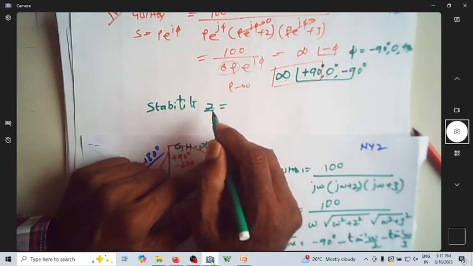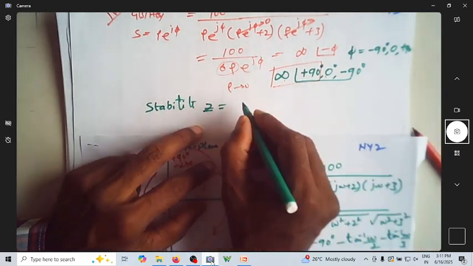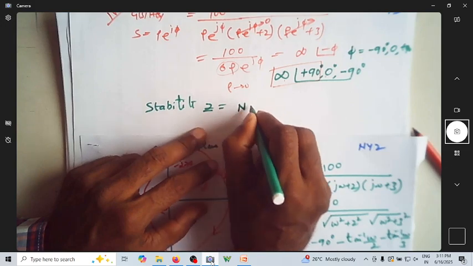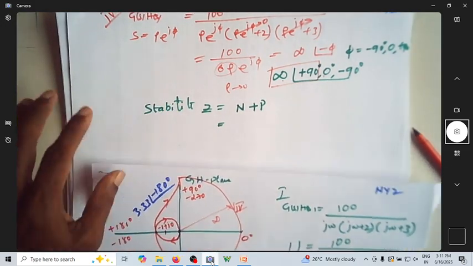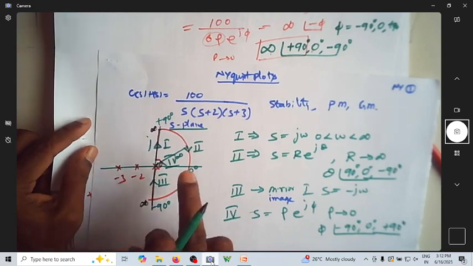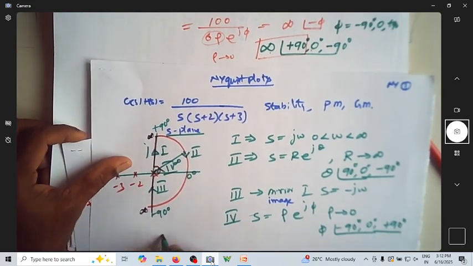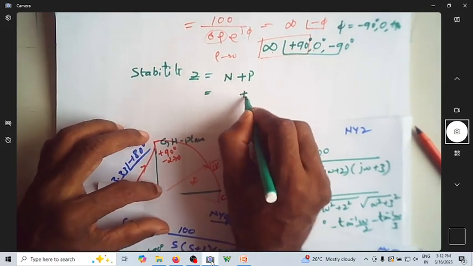We are actually looking into how many closed loop poles are there to the right hand side of the plane, which is, now we know that it is N plus P. What is P here? Because P you have to get it from this. So how many number of poles are there to the right hand side of the plane? So P is actually 0 here.